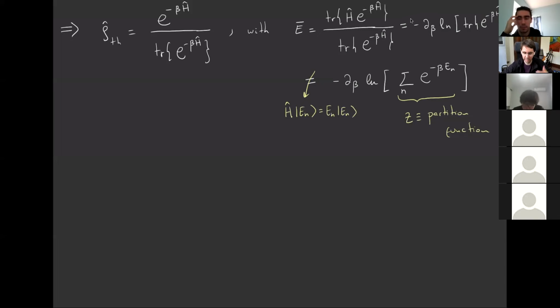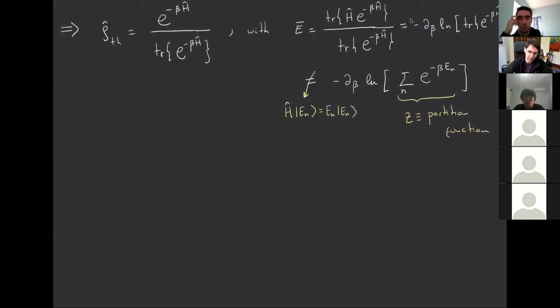It's just that it's nice that you see how naturally the world of statistical physics is connected to the world of harmonic oscillators and the world of entropy and mixedness and so on, just by trying to find the state that maximizes the entropy for a given value of the mean energy.